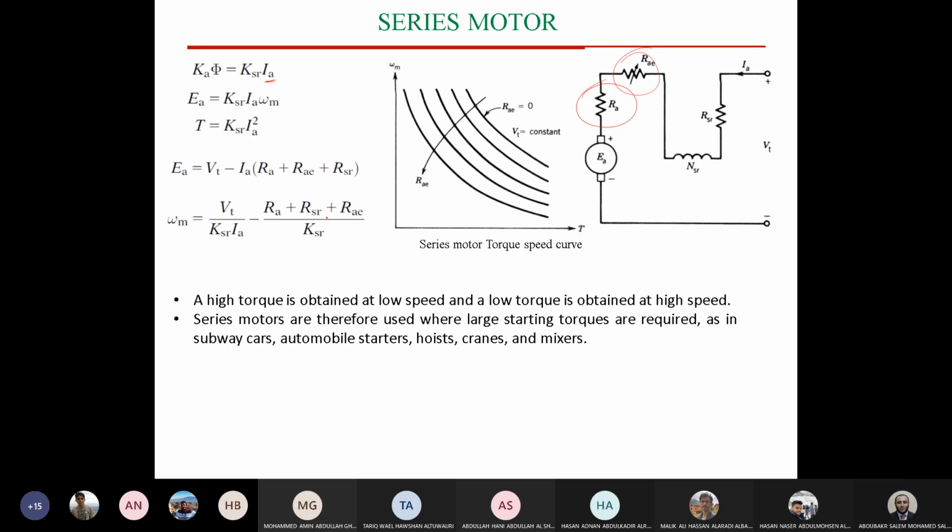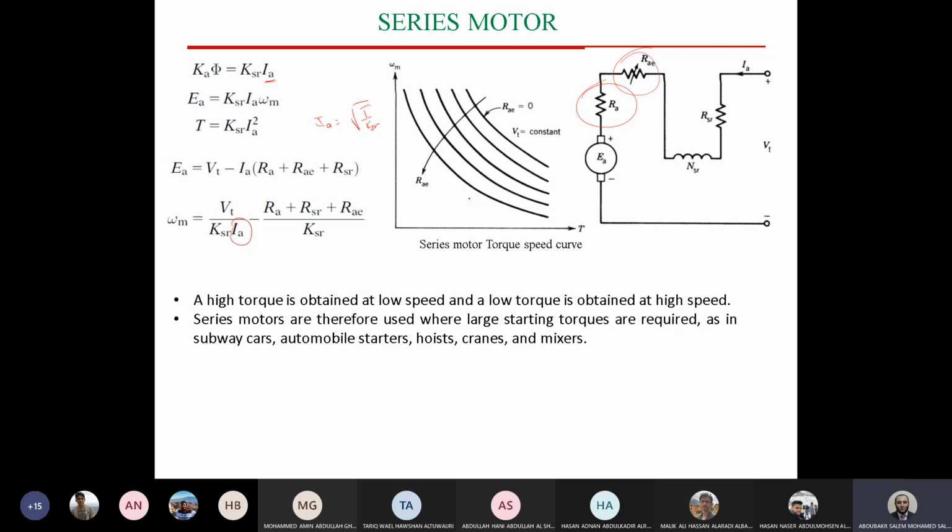You can also make the relation between torque and speed by replacing Ia with the square root of 2T over K series. So you can now get the relation between torque and speed. Change the value of torque and observe the corresponding value of speed. You can draw the curve.